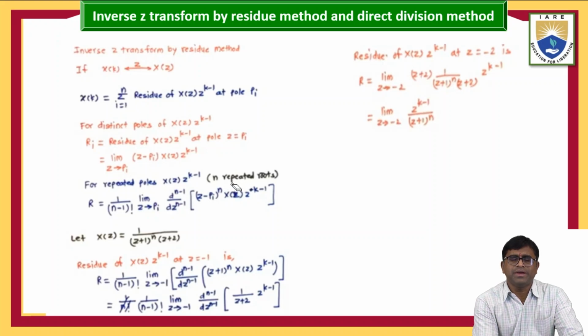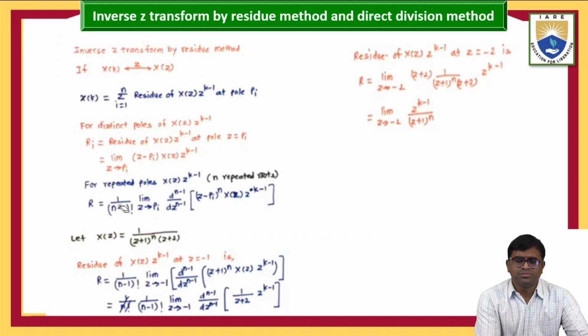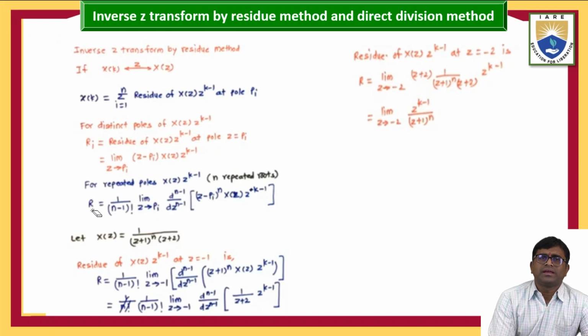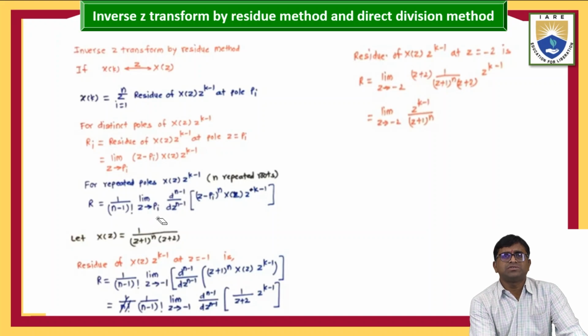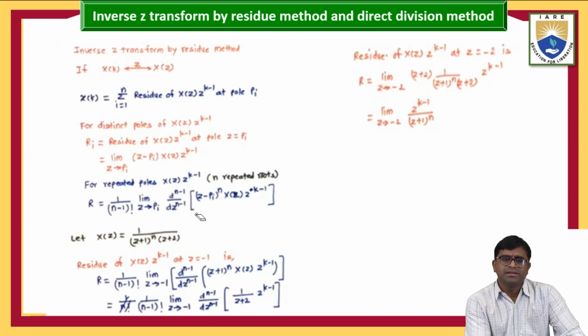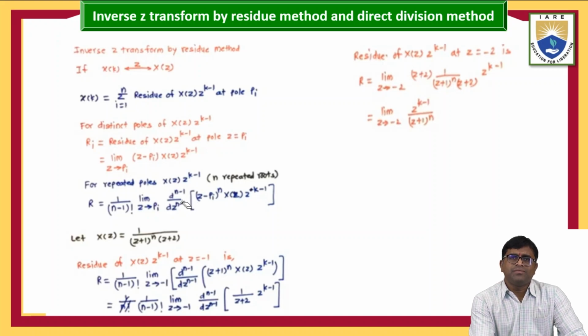For example, if a pole is repeated, the residue of x of z into z power of k minus 1 is capital R. Whereas for distinct poles I take the residue value as R i, here for repeated poles I take R. R equals 1 by n minus 1 factorial, limit z tends to p i, of the derivative of order n minus 1 with respect to z of z minus p i whole power of n into x of z into z power of k minus 1.